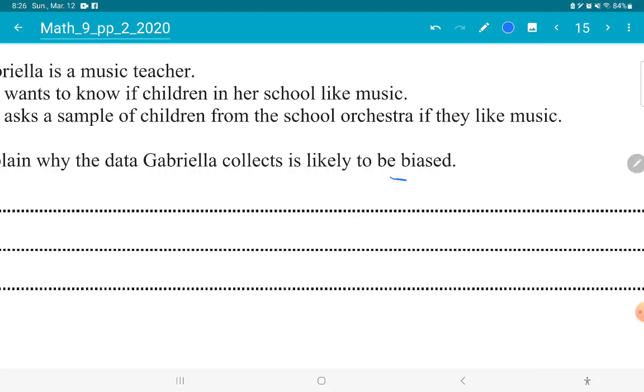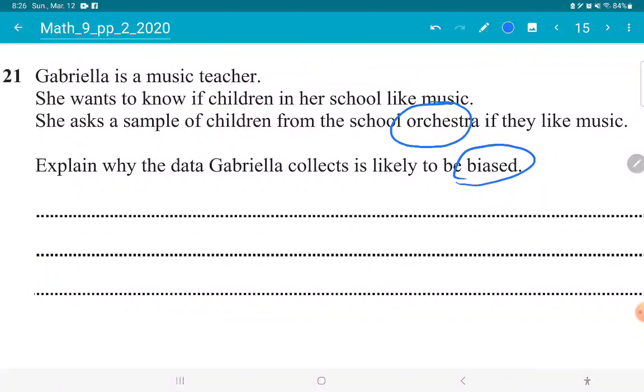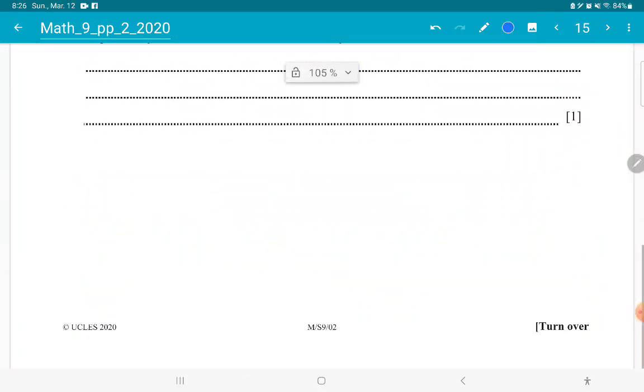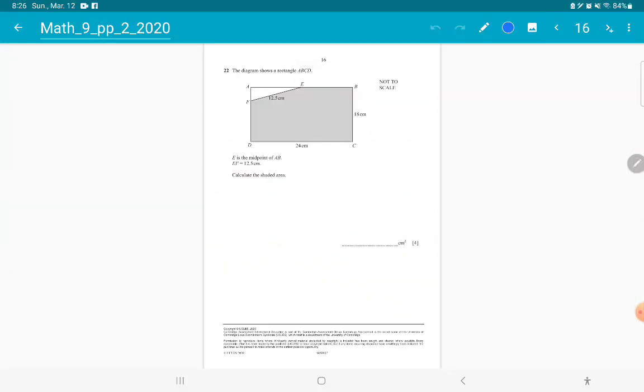Why is she biased? Of course biased, because these kids love music. She needs to ask neutral people, random people, not belonging to it. Like if you ask an athlete, do you like sport? This is a bias question.